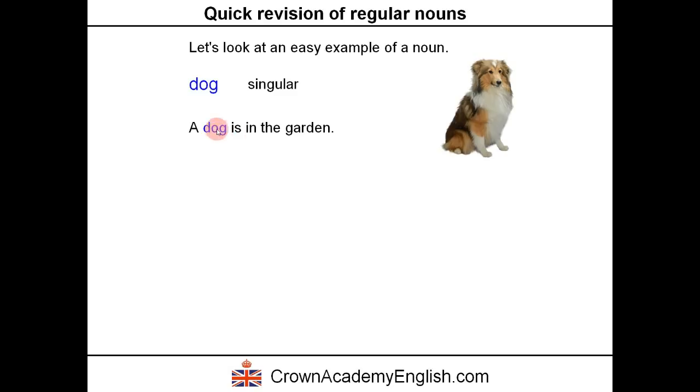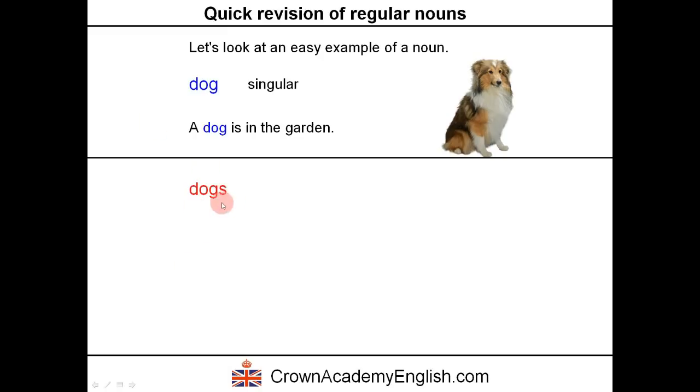So dog is singular, so the verb, well, it's the verb to be, takes the third person singular form. Dog is in the garden. Now let's look at the plural form of dog.